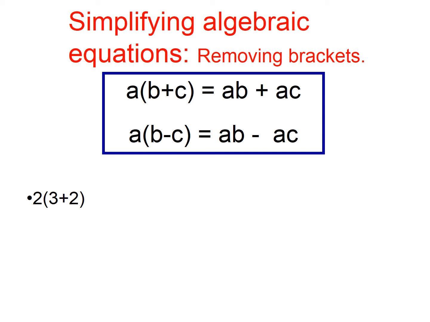But if we do it the way we did, multiplying out everything individually, we'd go 2 times 3, which is 6, and then 2 times 2, which is 4. So 6 plus 4 is 10. So you can see that working out the bracket first and then multiplying by the front, you get the same result as if you multiply everything out individually. Pretty happy?